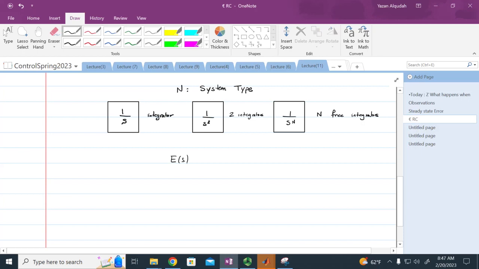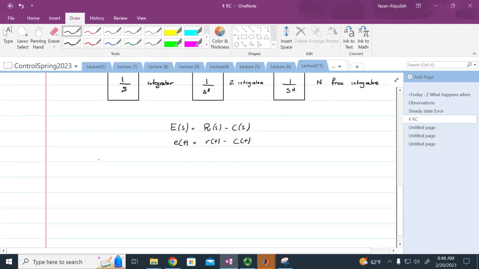So our error signal, E of s equals R of s minus C of s, E of t equals R of t minus C of t, and the steady state error E steady state is going to equal the limit as t goes to infinity of E of t, which is going to equal the limit as s goes to 0 of s multiplied by E of s.